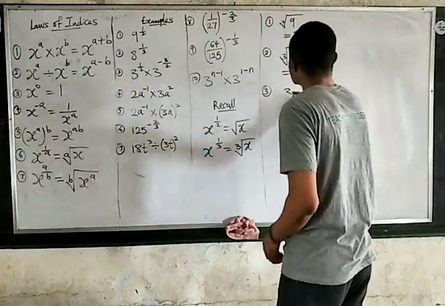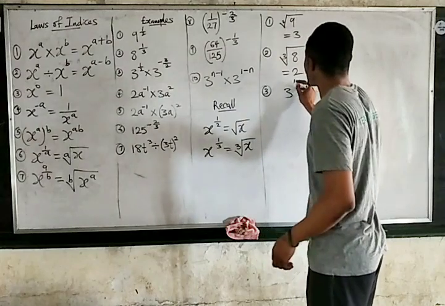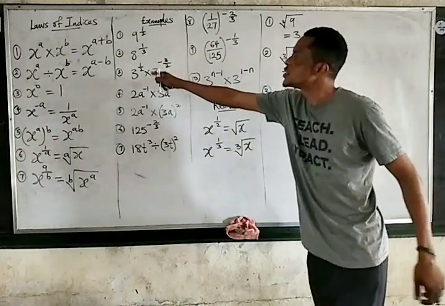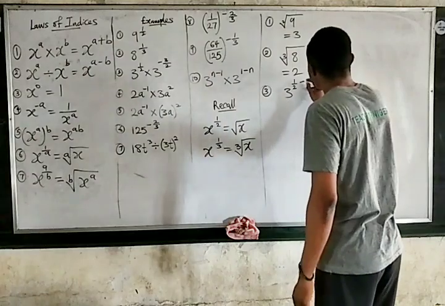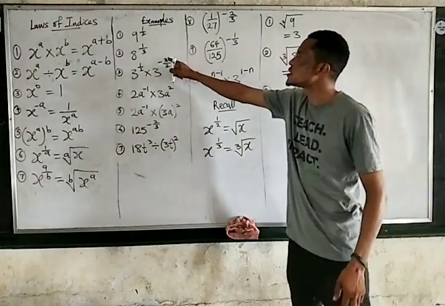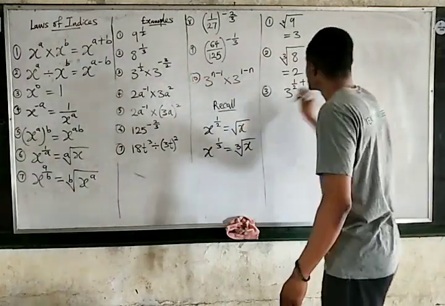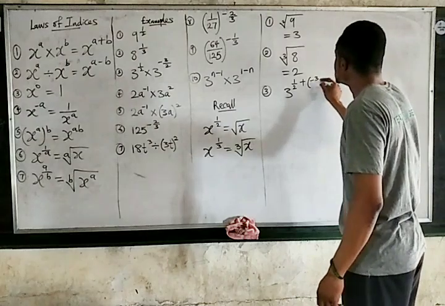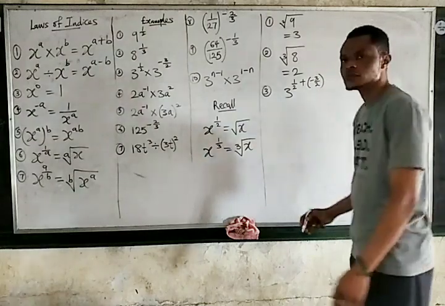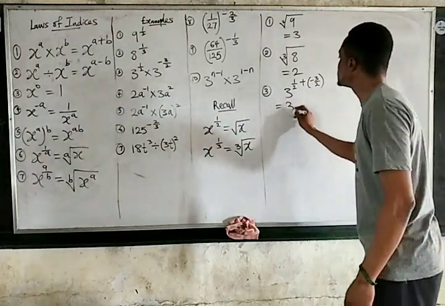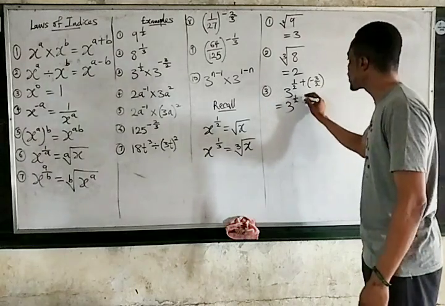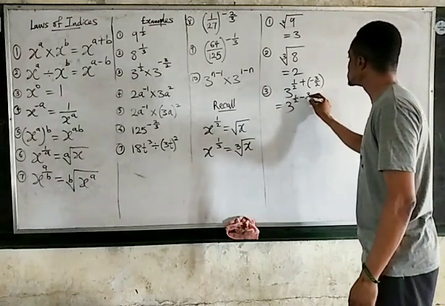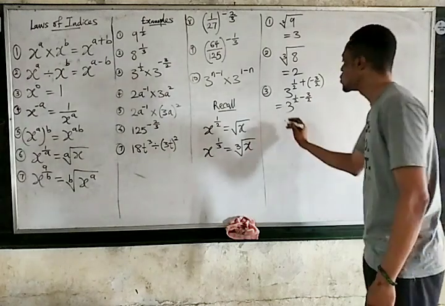So here we have 3 raised to the power of 1 all over 2. This multiplication will become addition. So we have addition, then in brackets minus 3 over 2.